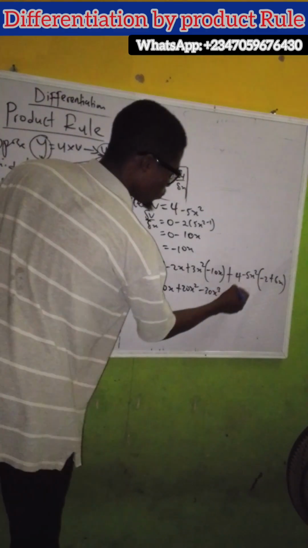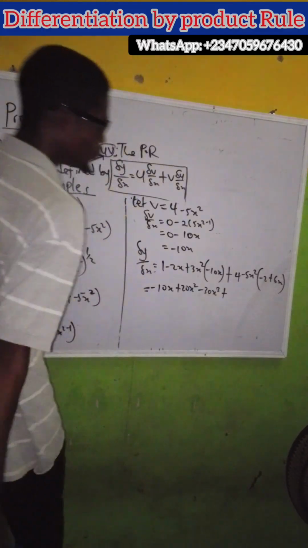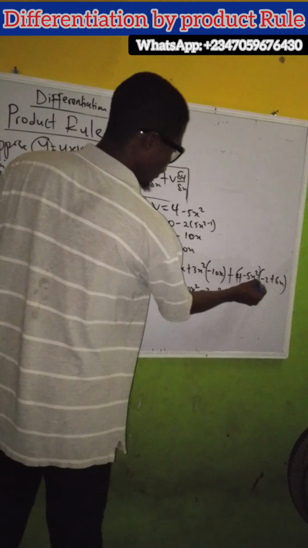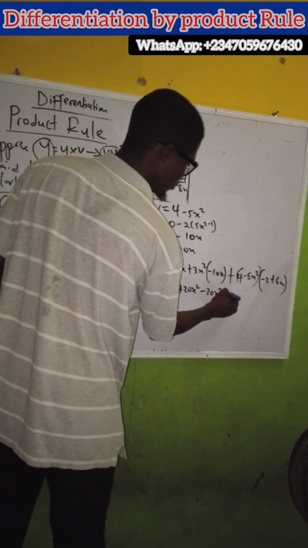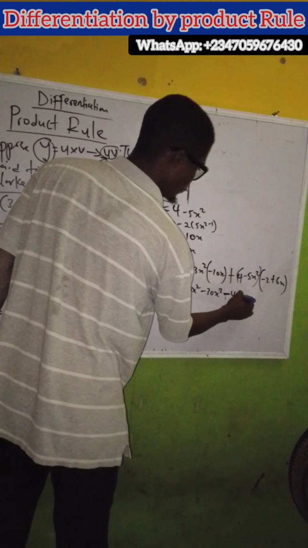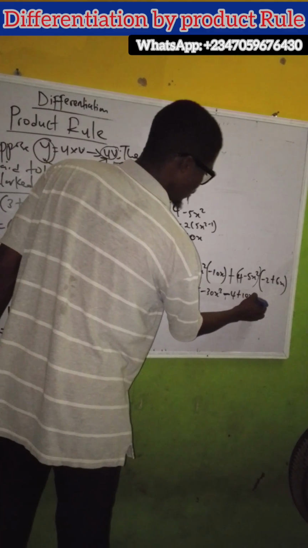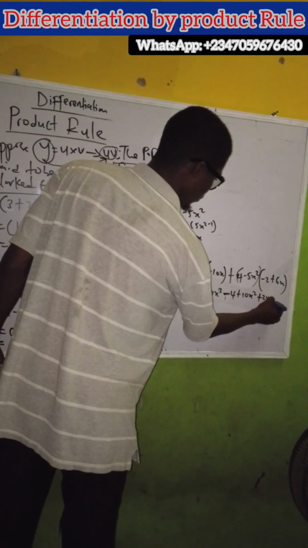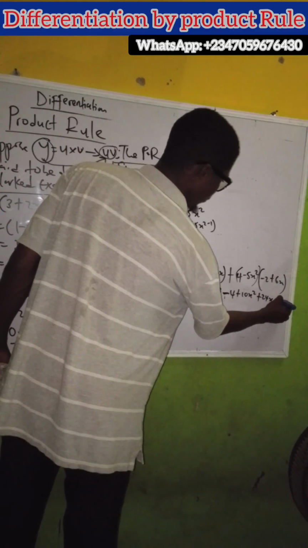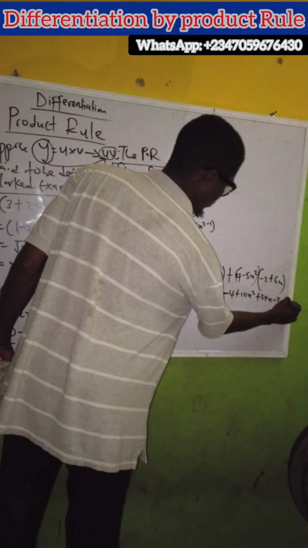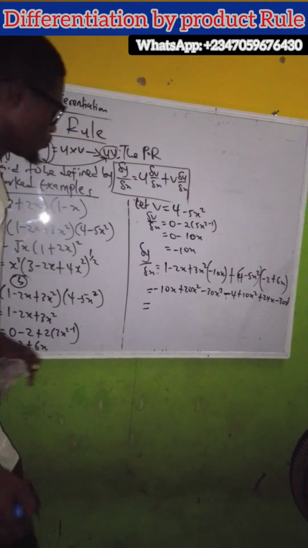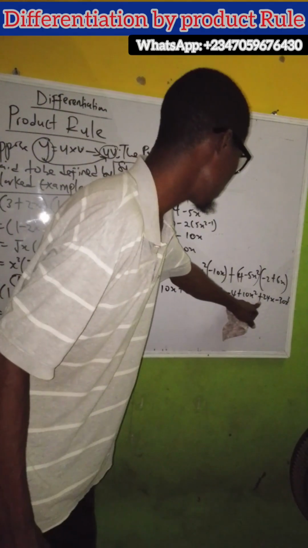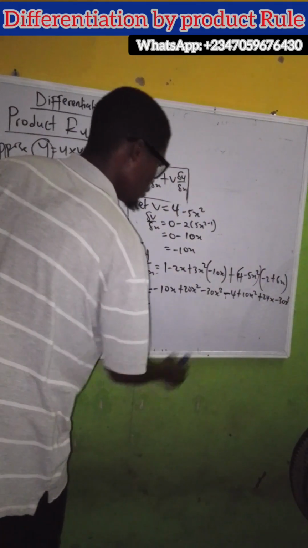Then this one we have plus. So how do we go about this? You use minus 2 to expand this 4, so you have minus 4 plus 10x squared. This one to expand this, plus 24x minus 30x cubed. So now we collect like terms.